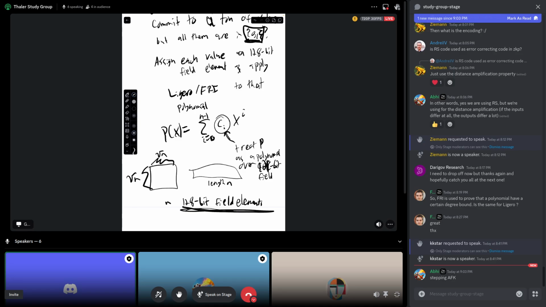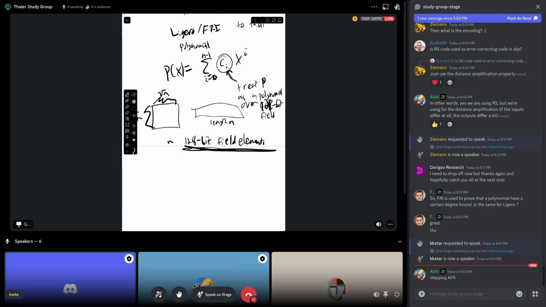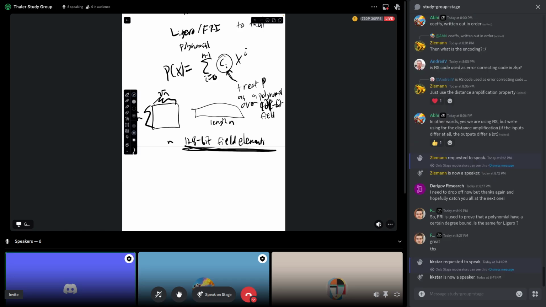Okay, and if you work over a field of characteristic, say, 64 bits or 31 bits, maybe you can do a little bit better than this, but only a little bit. Okay, so here's what Binius does. Binius will say take your n bits, 0, 1 values, and pack them, if you're the committer, into n over 128 128-bit field elements.